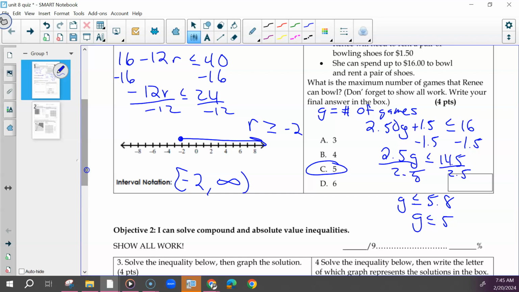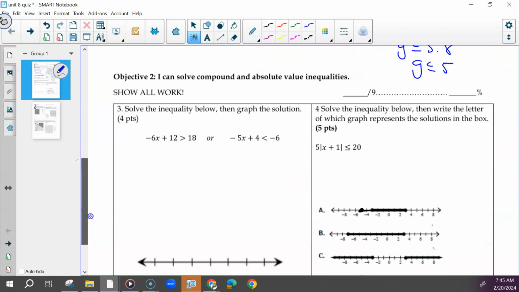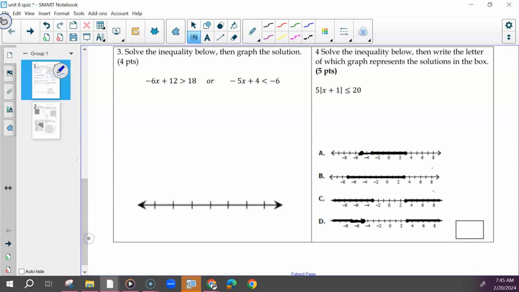On to objective 2. For this one, most of us did well. There were some issues with the other one. So this one, we should have solved both of them separately.